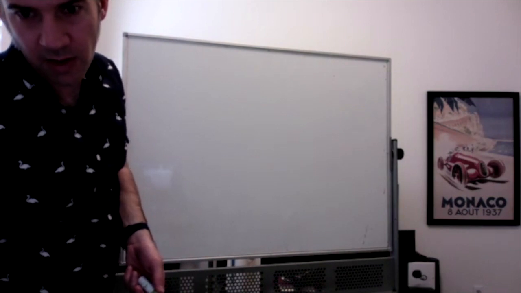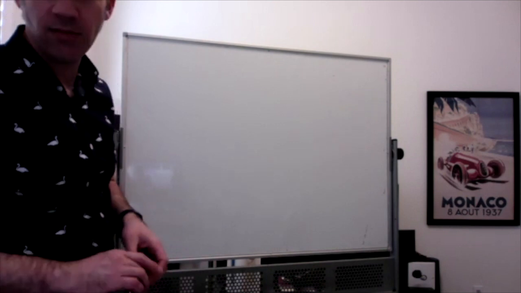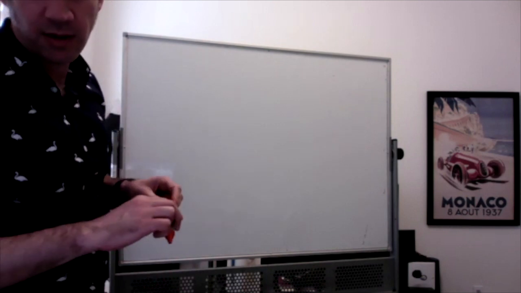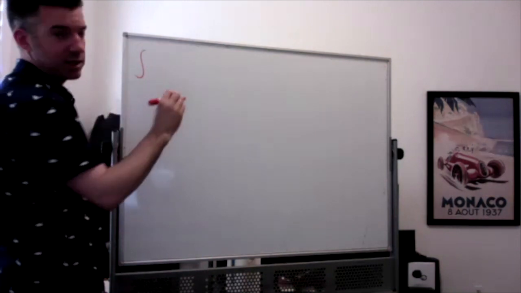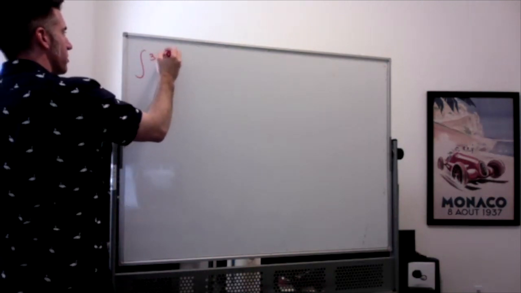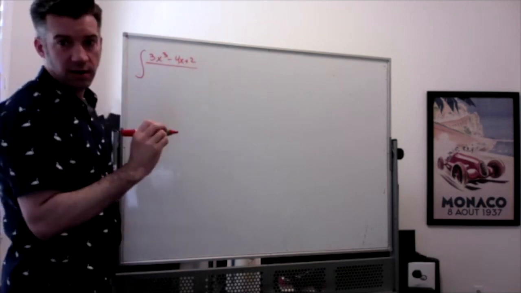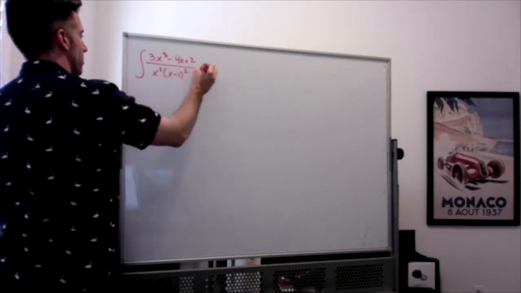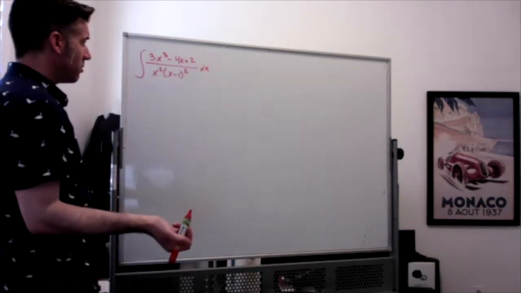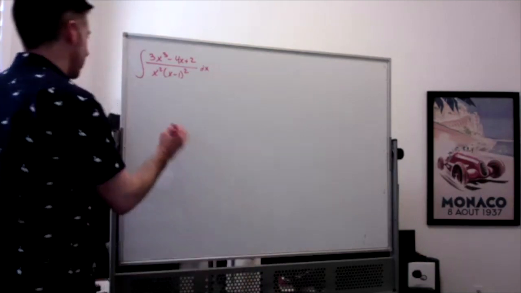Sure. Let's go ahead and start with the second question since we're already in the partial fractions mindset. So here we have the integral of 3x cubed minus 4x plus 2 divided by x squared times x minus 1 squared. So it is a partial fractions problem, and we're going to write it in the following way.